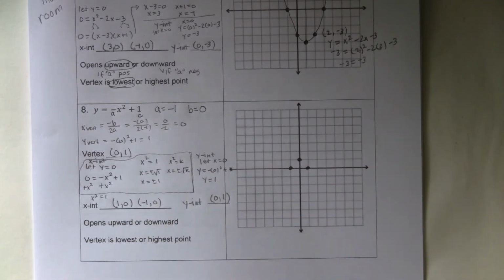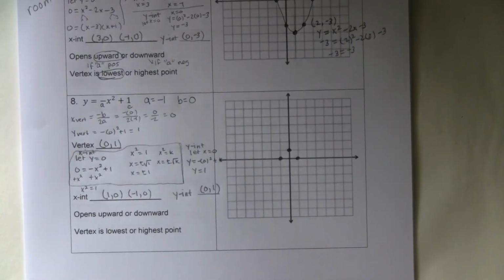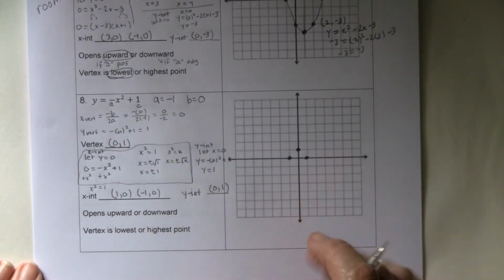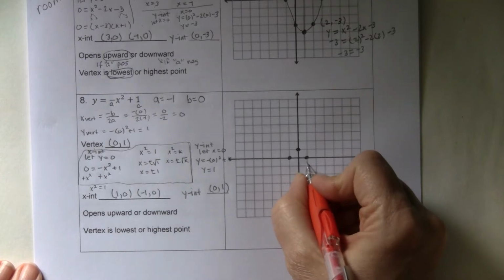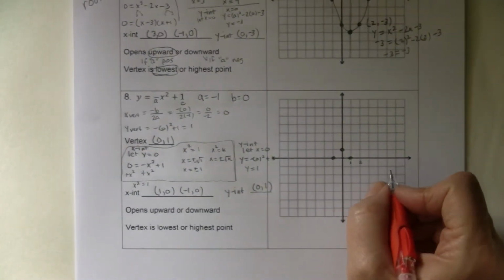And really, that's not enough points to graph a parabola. Like here, I just kind of got enough points by picking the x-intercept, the y-intercept, and the vertex. And so I want to get another few points on there. This is 1. I'm going to pick x is 2, and that just helps to get it sketched on the vertex.